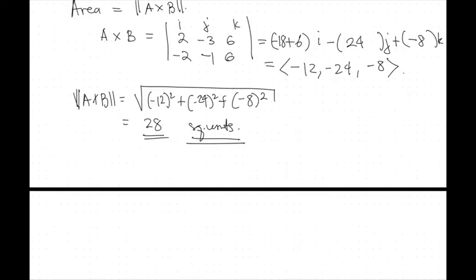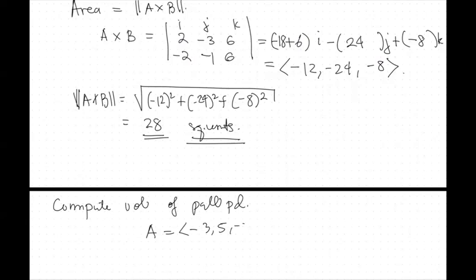All right, now we also compute the volume of the parallelepiped associated to vectors A = (-3, 5, -2), B = (4, 3, 0), and C = (5, 2, -3).